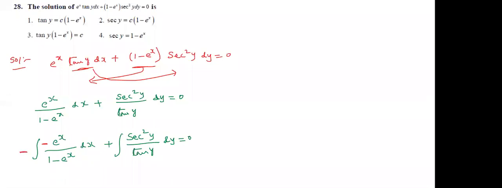Then only it is going to convert in the form of integration f dash of x by f of x dx. So now apply the integration, what we get? Minus logarithm of 1 minus e power x plus, this is also integration f dash of x by f of x, here we get logarithm of tan y.